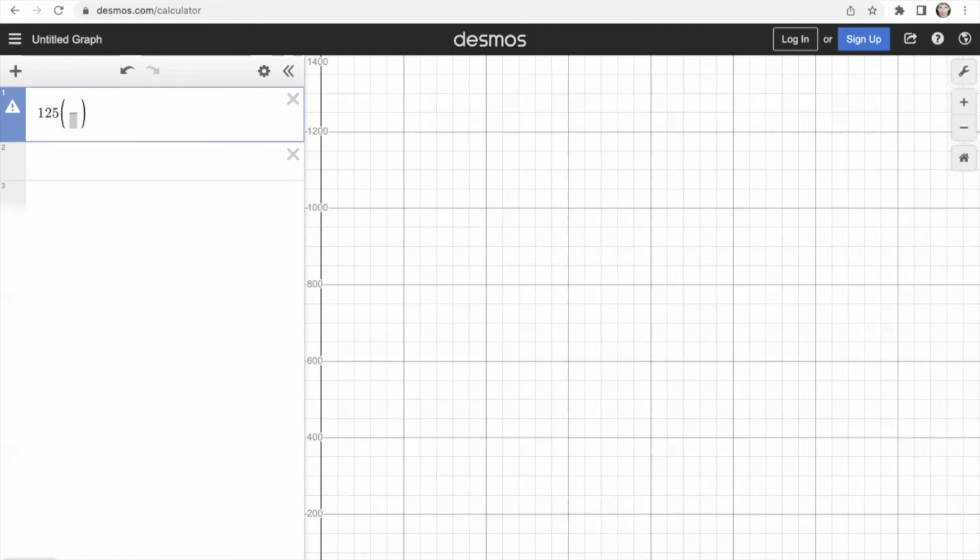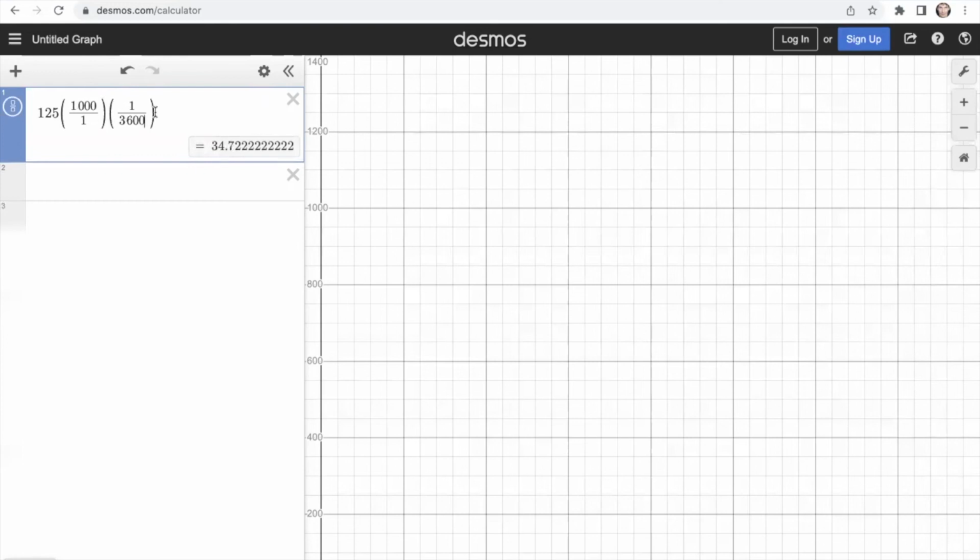So that would be 1,000 meters per 1 kilometer times 1 hour per 3,600 seconds.